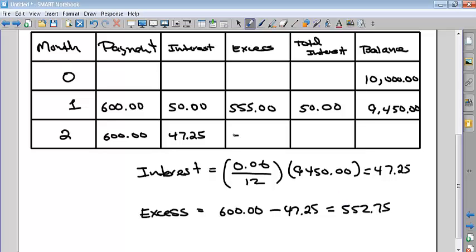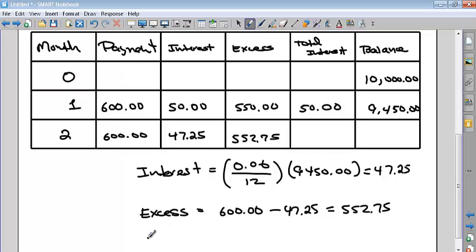So that's here, $552.70. Something's wrong. Oh, yeah, that's what's wrong. That should have been just 550. I somehow got a little carried away with the fives, so this was 550, not 50. Because this should be larger. Every time you pay off, because you have less interest each month to pay because you have a lower balance, and your payment stays the same, the excess always gets bigger.